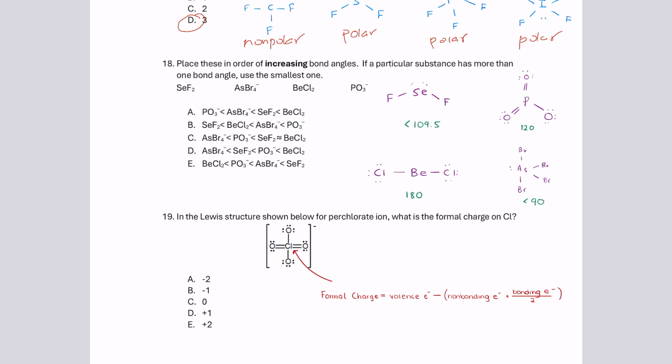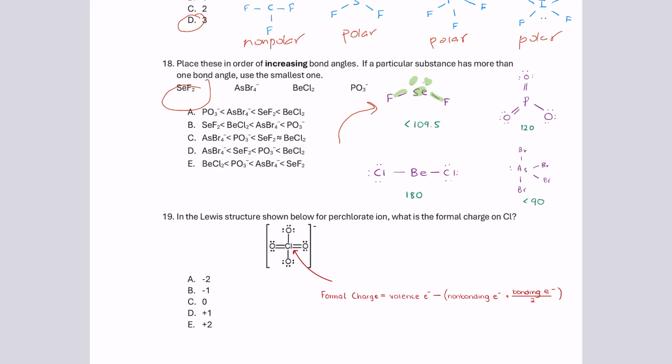We're going to start with selenium difluoride. I've drawn the Lewis structure right here for selenium difluoride, and we notice that the central atom is surrounded by 4 electron-rich regions. That means its electronic geometry is tetrahedral. Tetrahedral electronic geometry has ideal bond angles of 109.5 degrees.